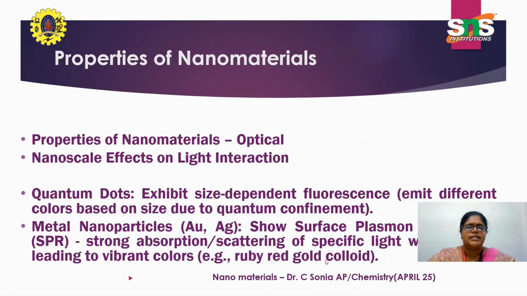Metal nanoparticles like silver and gold show surface plasmon resonance, that is SPR, strong absorption and scattering of specific light wavelengths, leading to vibrant colors. Example, ruby red gold colloid. So a nano gold material is of a different color than that of the normal gold element.